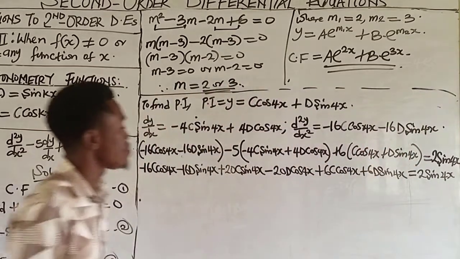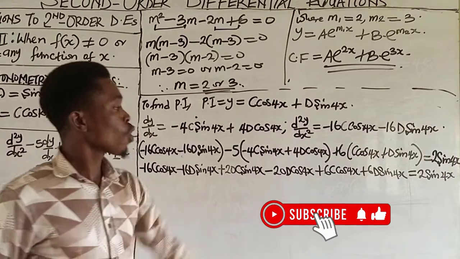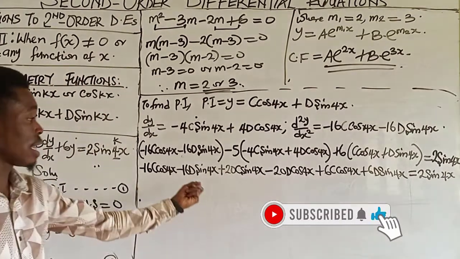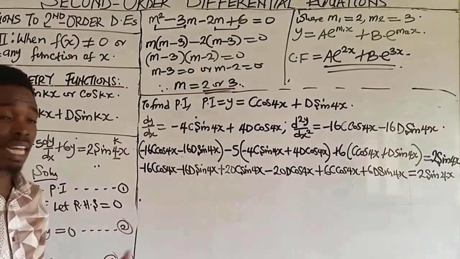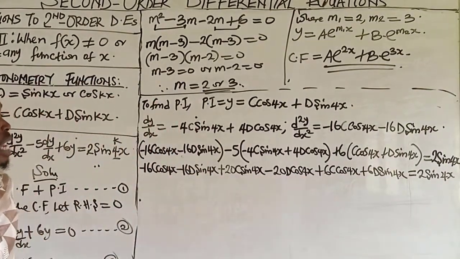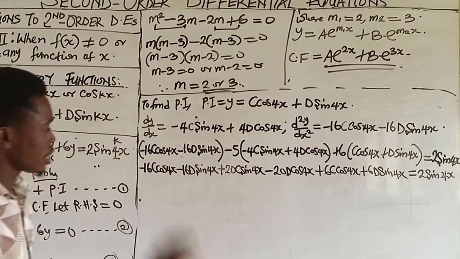It's as simple as this. So at this point, I need to collate all the d, cos, and sine functions. I want sine 4x to appear once at the left hand side, and equally I want cos 4x to appear once. So I will collate all the sines and equally collate all the cos.